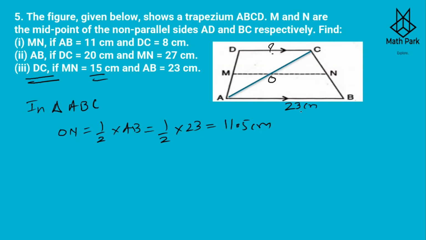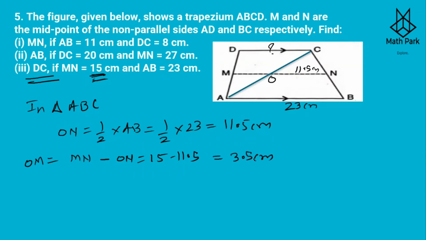Now we are asked to find DC. We know ON as 11.5 centimeter, and MN is given to us as 15 centimeter. So you get OM is equal to MN minus ON, which is 15 minus 11.5, which is equal to 3.5 centimeter.